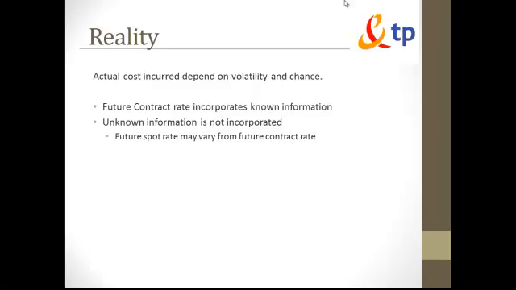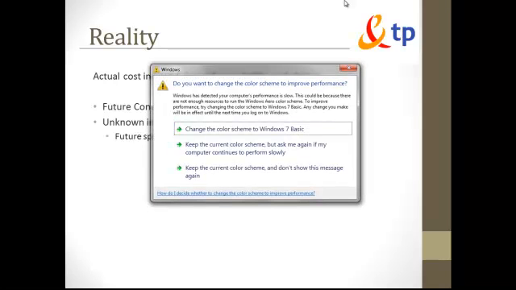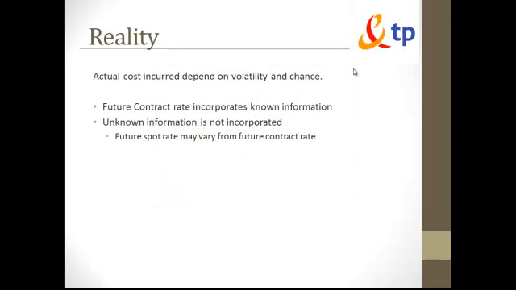So as we're saying, the actual cost incurred will depend on the volatility and, so to say, on the chance of what's actually going to happen to the exchange rate, because while the future contract price incorporates the knowledge that the market currently has and the known information, the unknown information could result in the exchange rates acting contrary to what's been predicted.